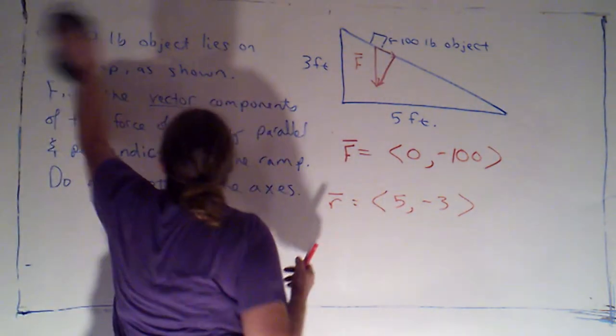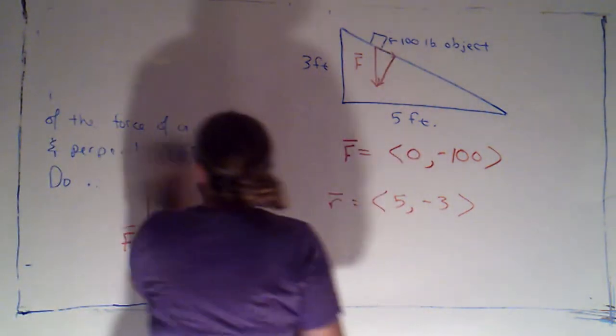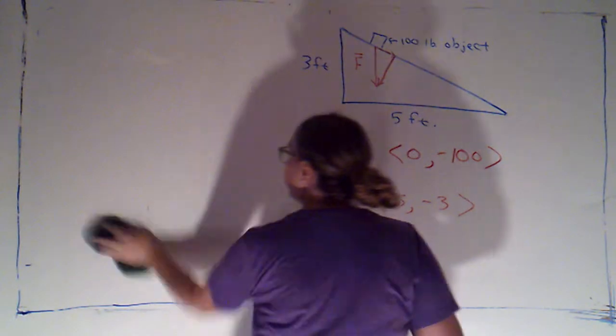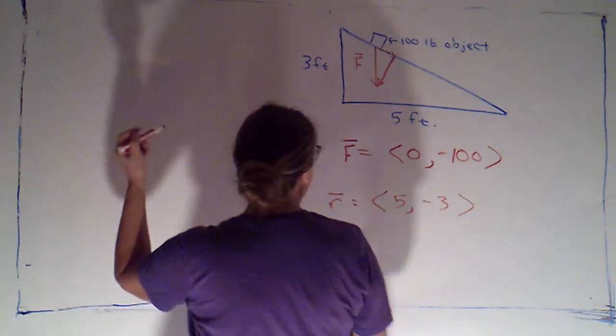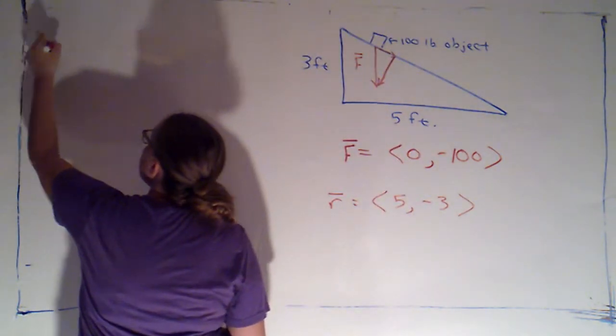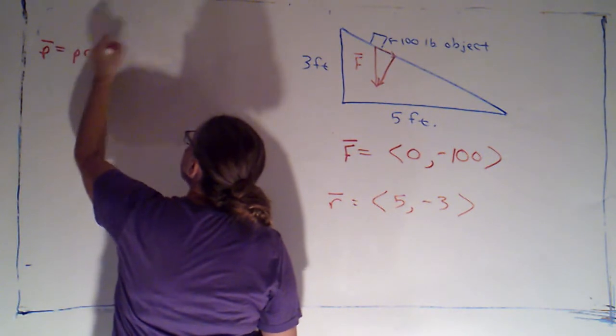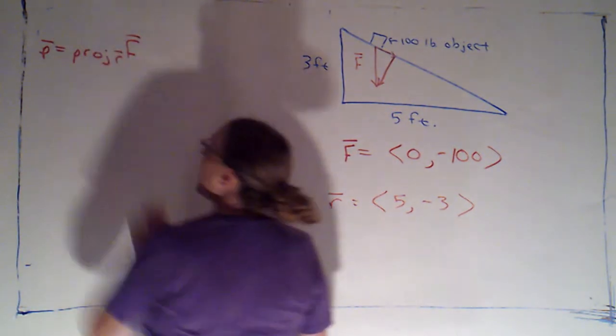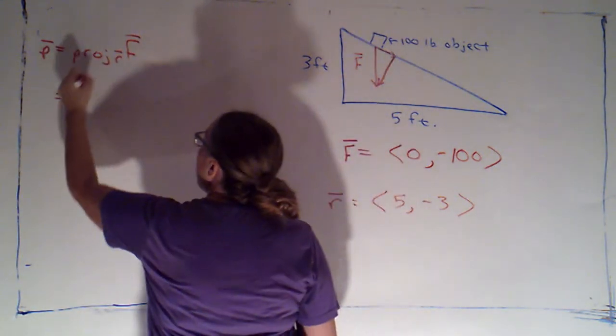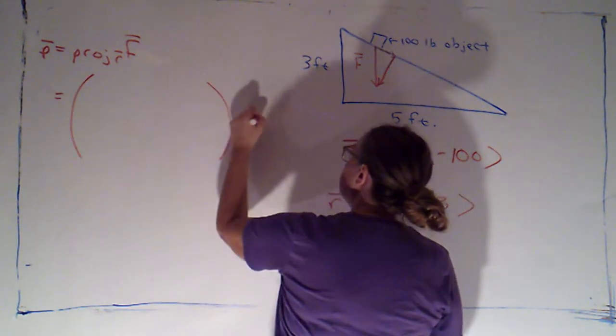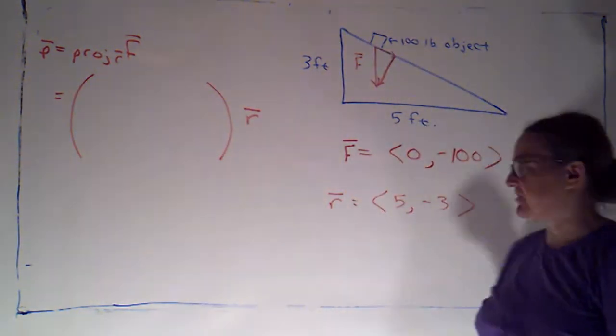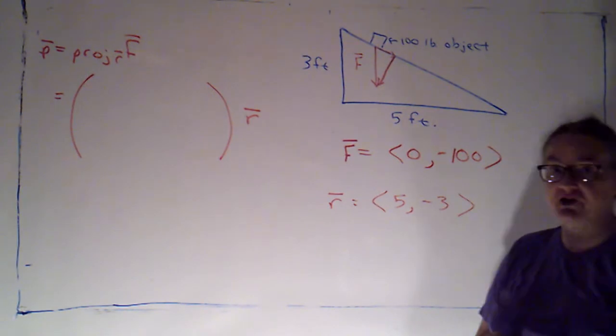And so I just have to remember to use the formula for projecting onto an arbitrary vector. So P, which is the projection of F onto the ramp, I know that's going to be a multiple of the ramp vector, because the ramp vector gives me the right direction.